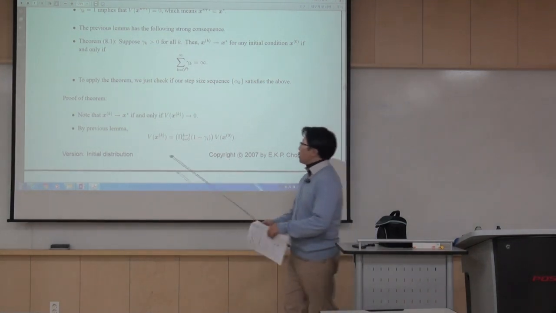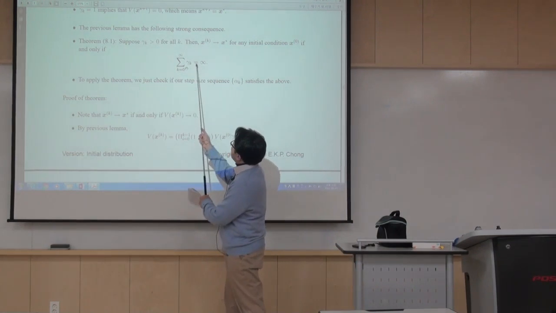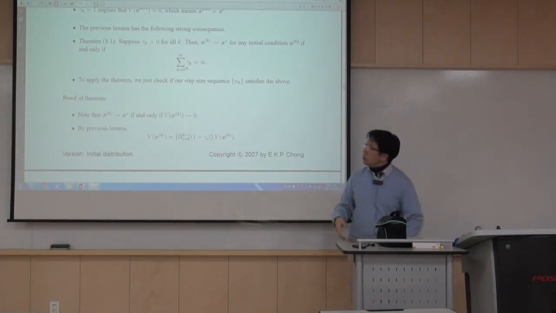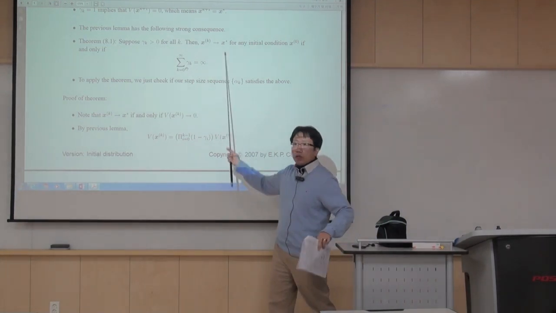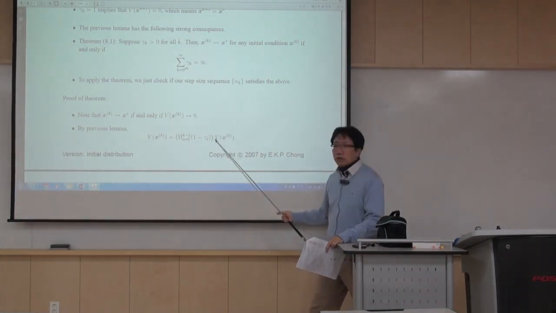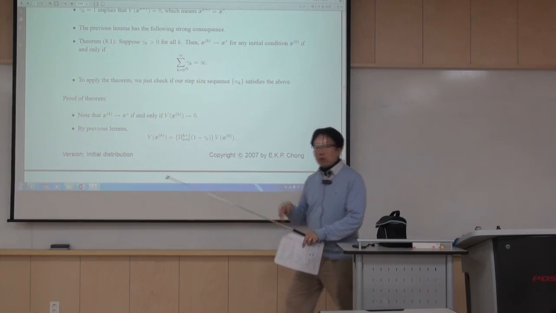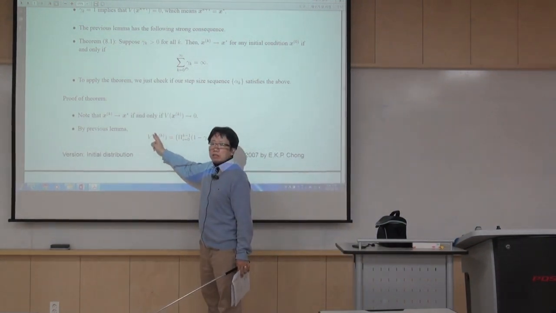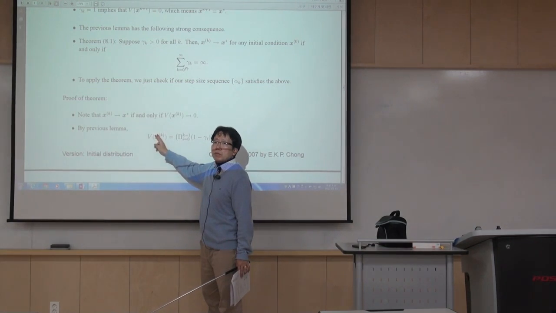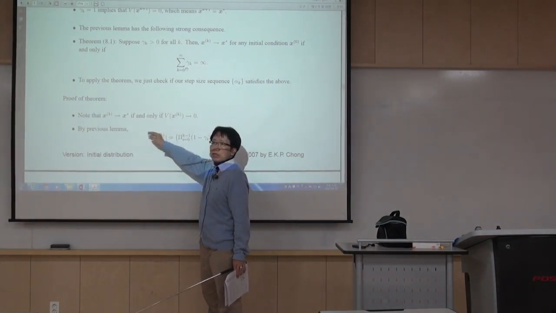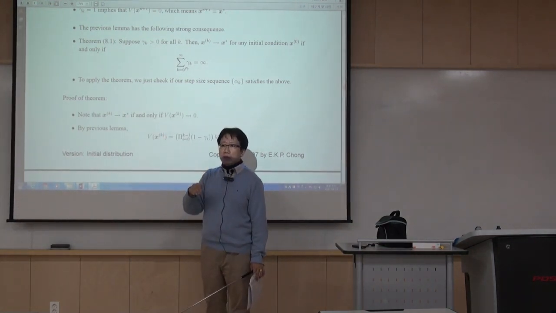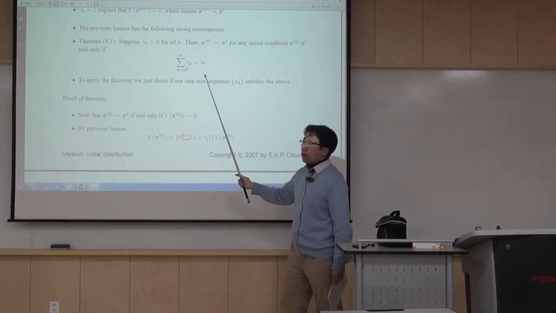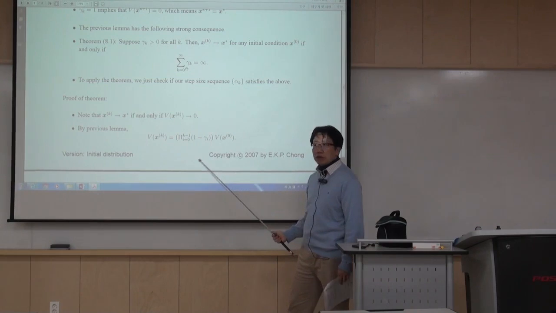So what you need to show is that this is true if and only if this goes to 0. Because we have a positive definite quadratic form, this value being 0 means that we have reached our global minimum.